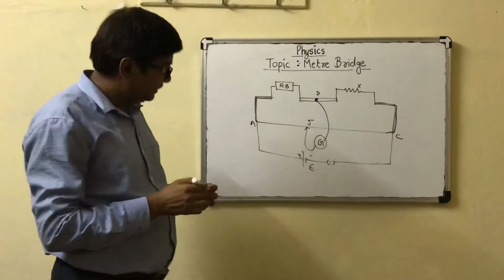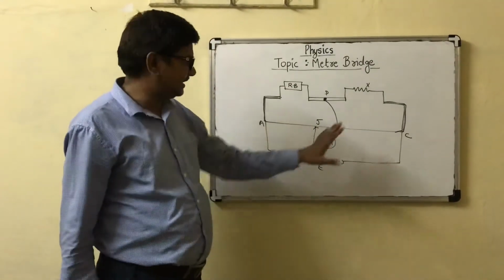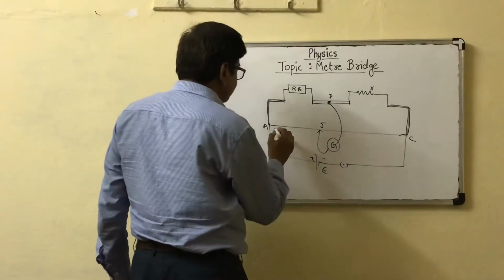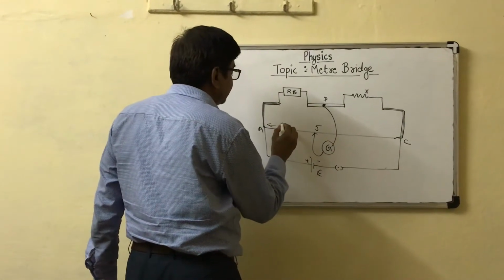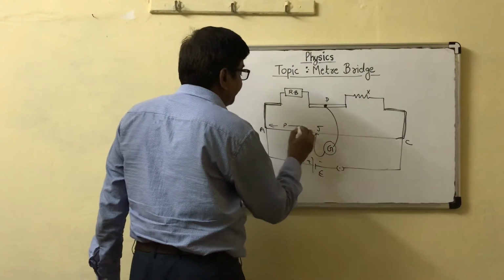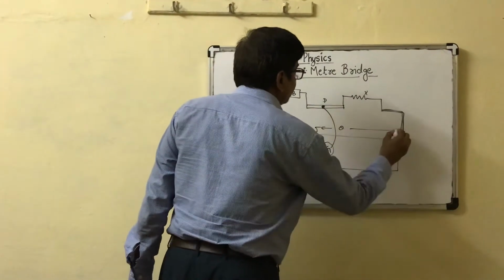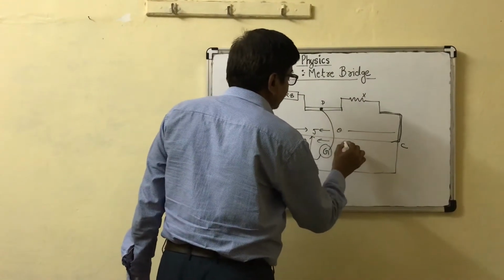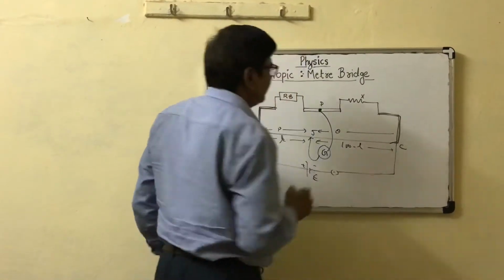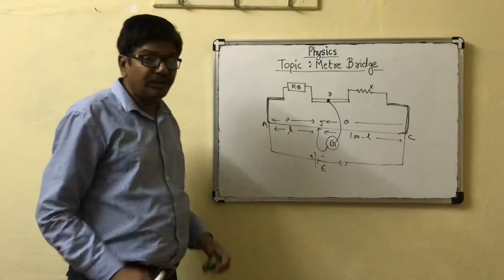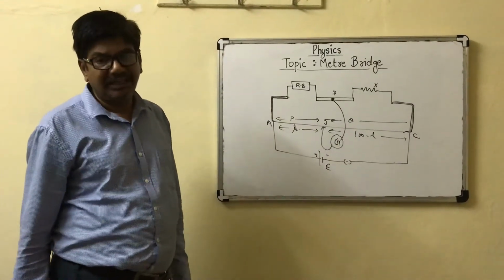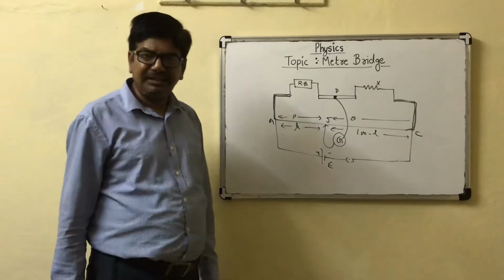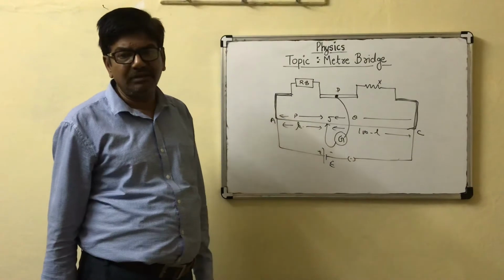Now question is, we have to calculate unknown resistance X. This is a meter scale. This distance L is resistance P. This is resistance Q, AC or AJ is L, and the remaining is 100 minus L. Now it consists of 1 meter long magnesium wire having uniform cross section area, along with a 1 meter scale wire fitted over a wooden board.